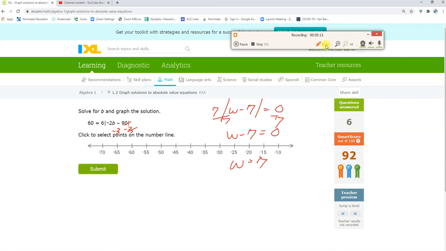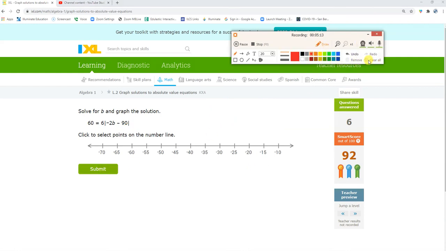Okay, I'll do this one. This will be my last one. Isolation step, dividing both sides by 6. That's going to give me a 10. So |-2b - 90| = 10. Here's the split: -2b - 90 = 10. -2b - 90 = -10. There's a flip and a negative.